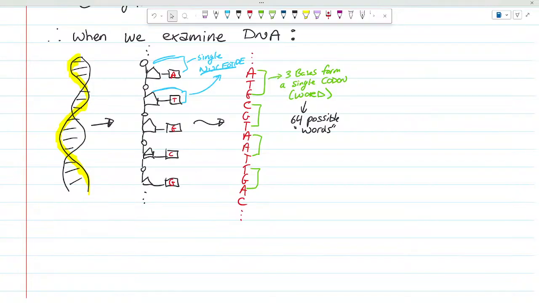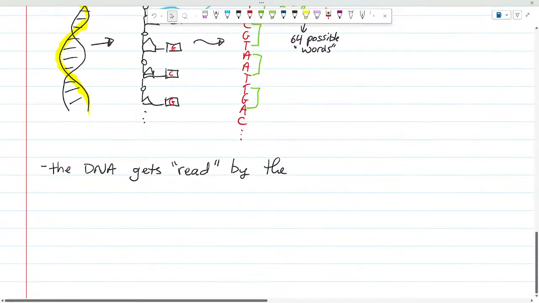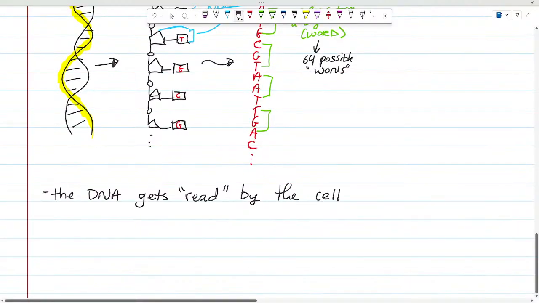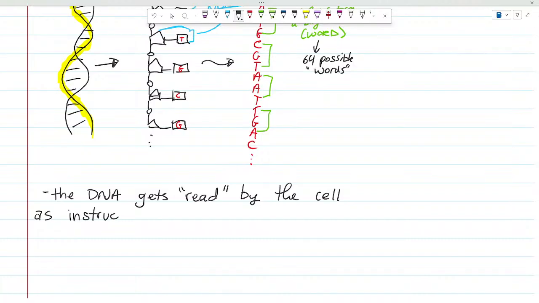Well, it turns out the DNA gets read by the cell as instructions to build proteins. We're not going to go super into detail here. All you need to know is that proteins are the machines of the cell. They're the doing-y bits of the cell.